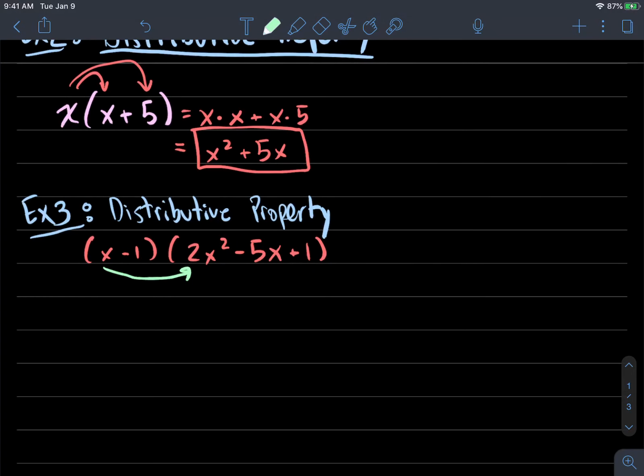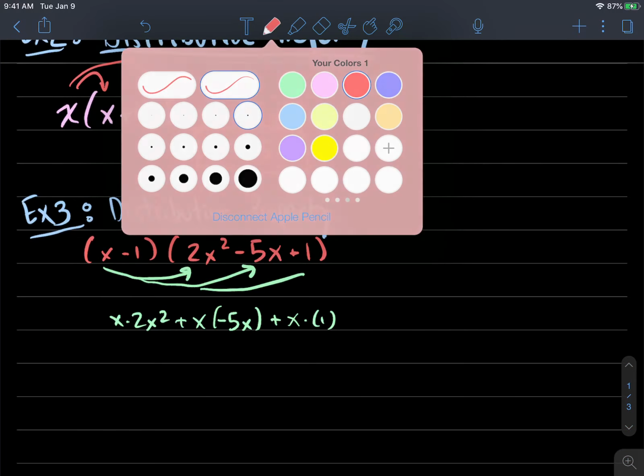You're going to have x times 2x squared. I need some more room. Let's see. x times 2x squared, and then you're going to do plus x times negative 5x, and then plus x times 1. And then you're going to repeat this again.